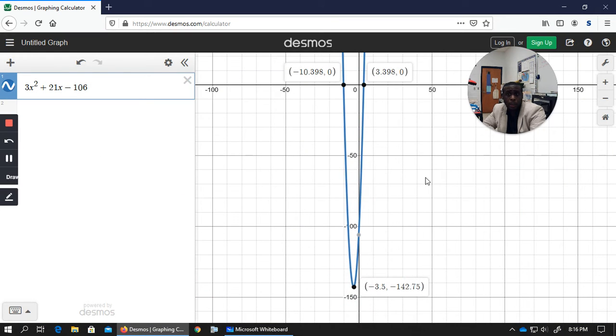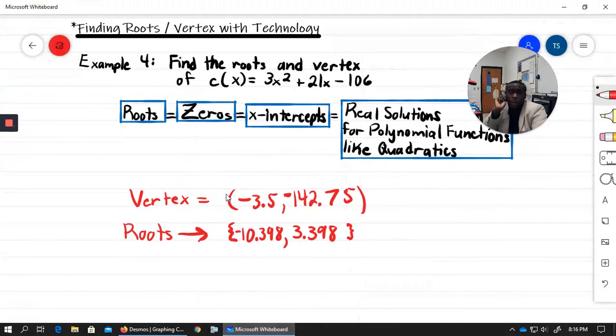Okay, so for this particular example, we've got our vertex, which is negative 3.5, negative 142.75, and our two x-intercepts, which are the roots.